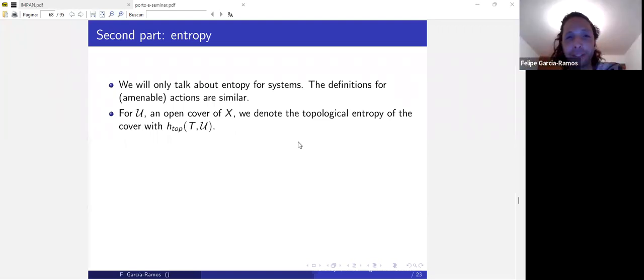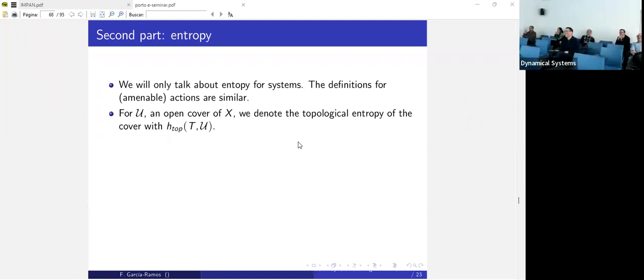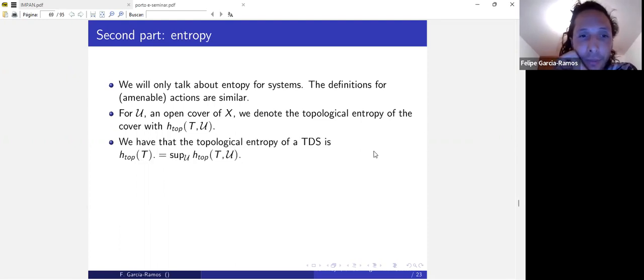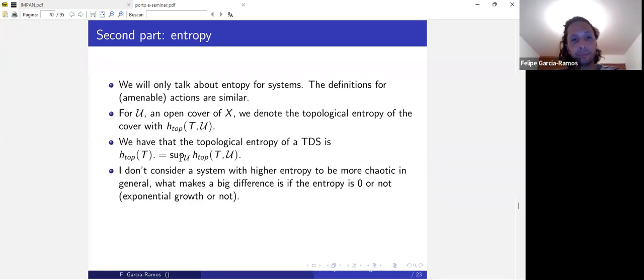Okay, here's the second part of the talk. Let me talk first about topological entropy. You can define topological entropy for an open cover, and then the topological entropy of the system is the supremum over the entropy of the covers.